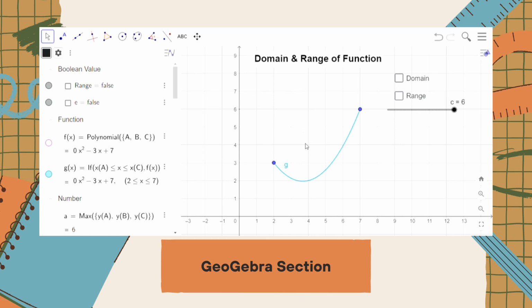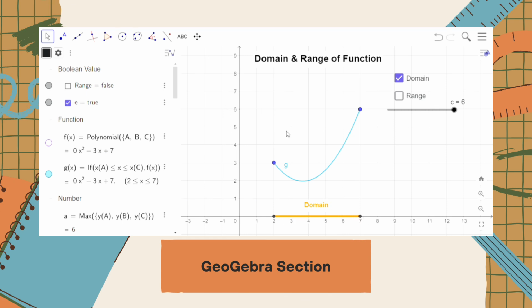Okay, so can you guess what is the domain and range for the function g(x)? Okay, as I said, the domain is the x values. So here we can see that x is more than 2 and less than 7.